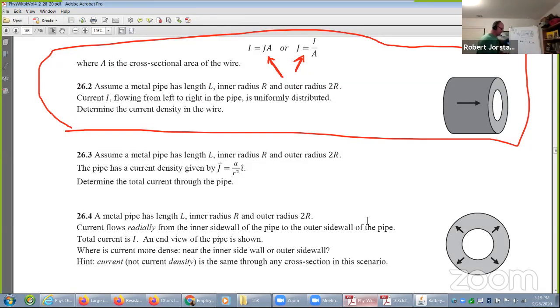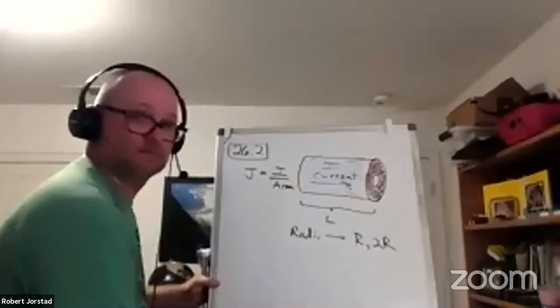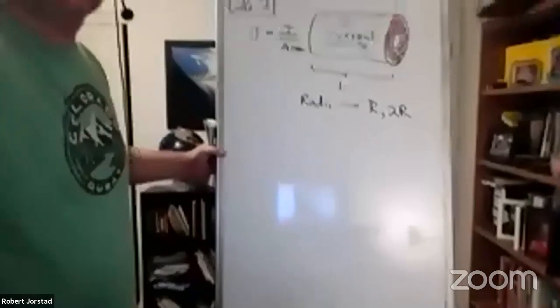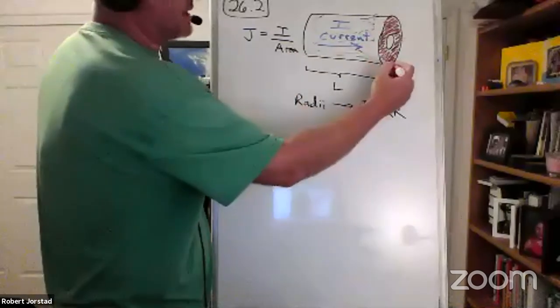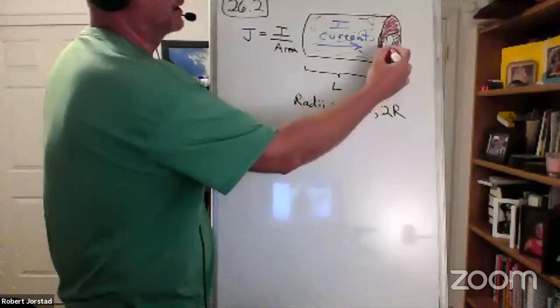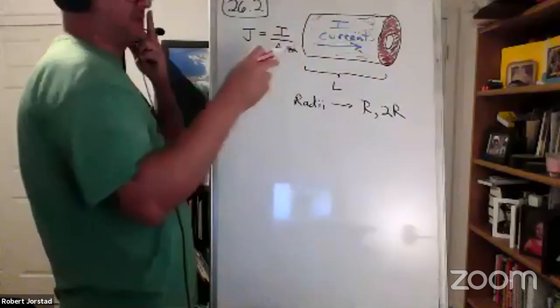So in this case, this shaded surface here is actually the cross section, right? So it's not flowing through a circular cross section. So this section right here is actually the area where current is flowing through. So you could imagine there's all kinds of current flowing this way.